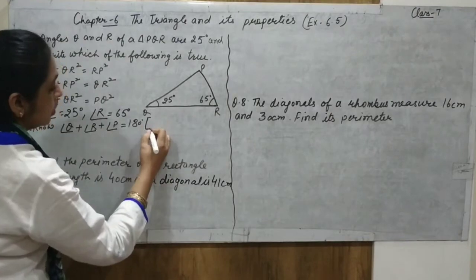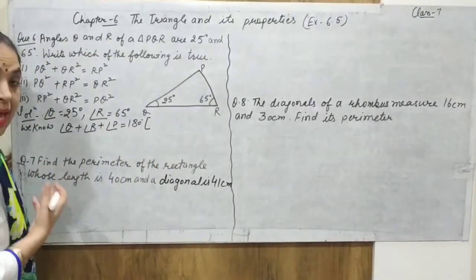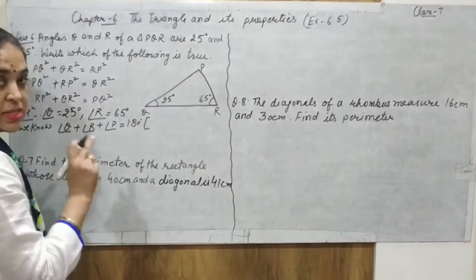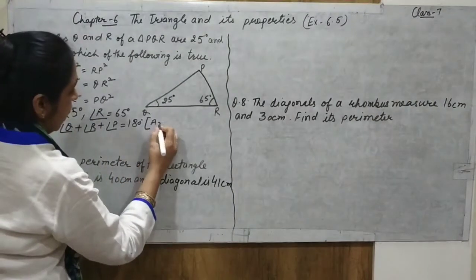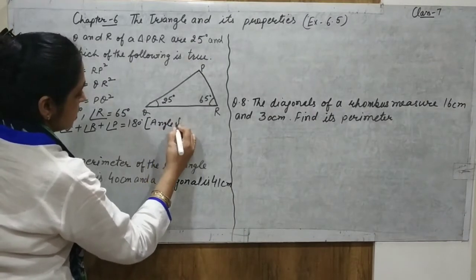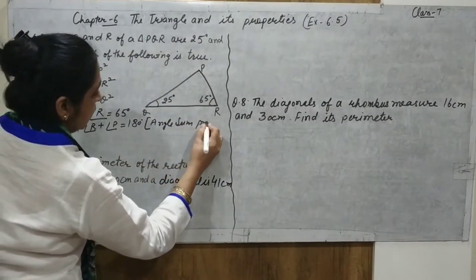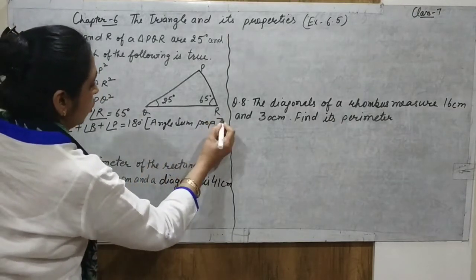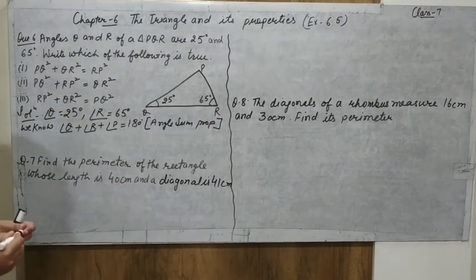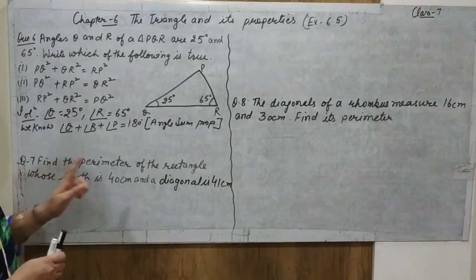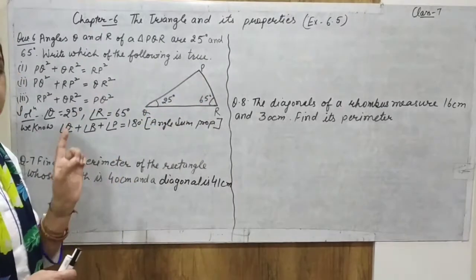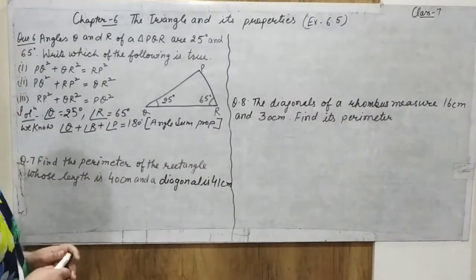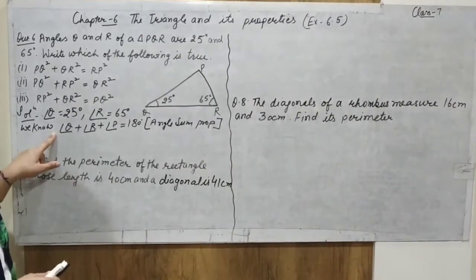From which property? Angle sum property, that we have already done in the previous chapter. The angle sum property tells that the sum of the 3 angles of a triangle is equal to 180 degree. So we are using that property.